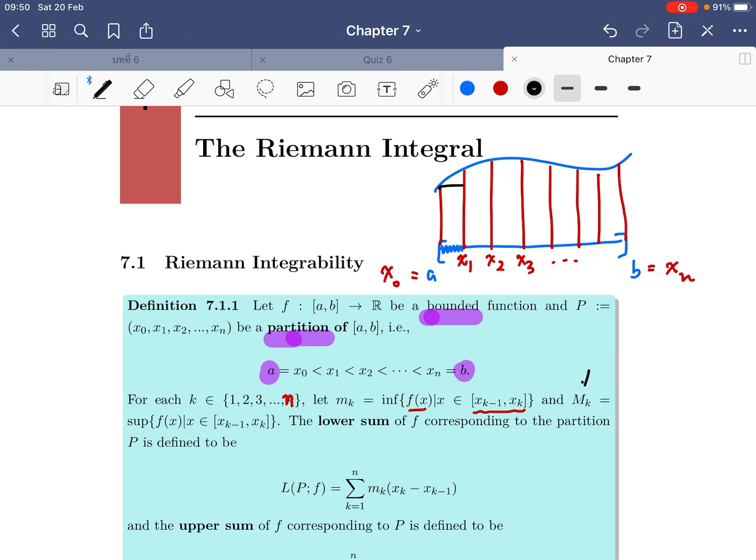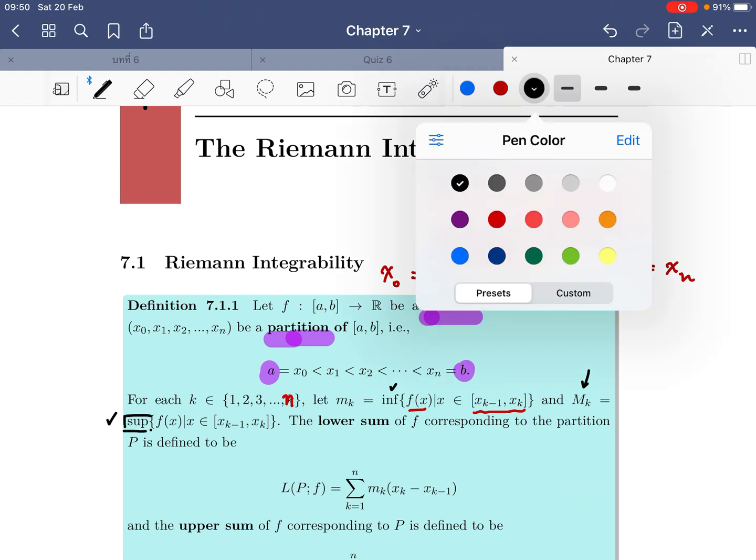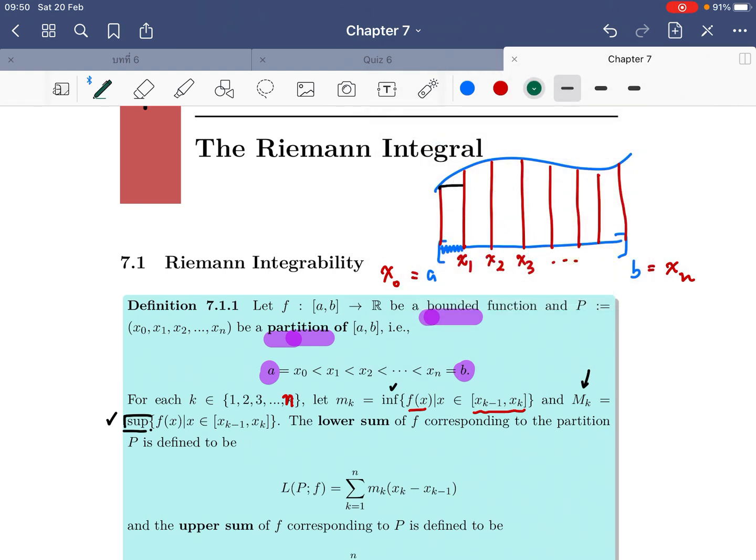And capital Mk, of course, will be the opposite, because previously we used the small mk as an infimum. The capital Mk will be the supremum of the function values in that interval. For example, look at this one: maybe the maximum, or the supremum, in this interval will be at this end, so we are going to choose that one instead.